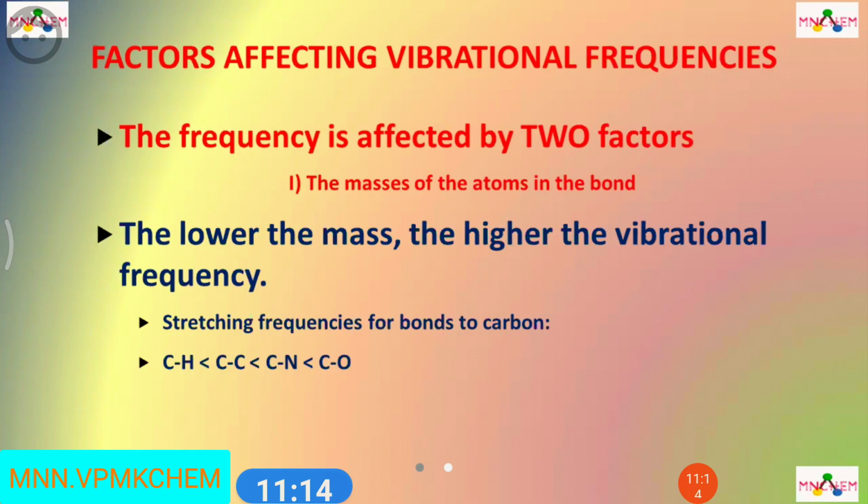If we compare the vibrational frequency between CH, CC, CN and CO, as it is stated, the stretching frequency will go on decreasing. Okay, so mass will be lower and the frequency will be higher.